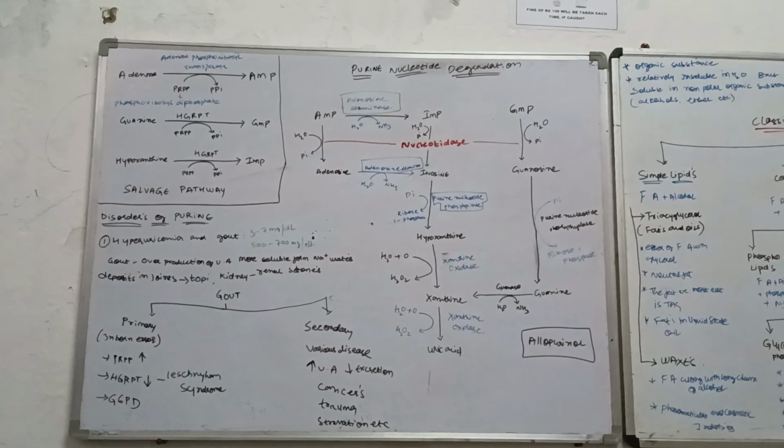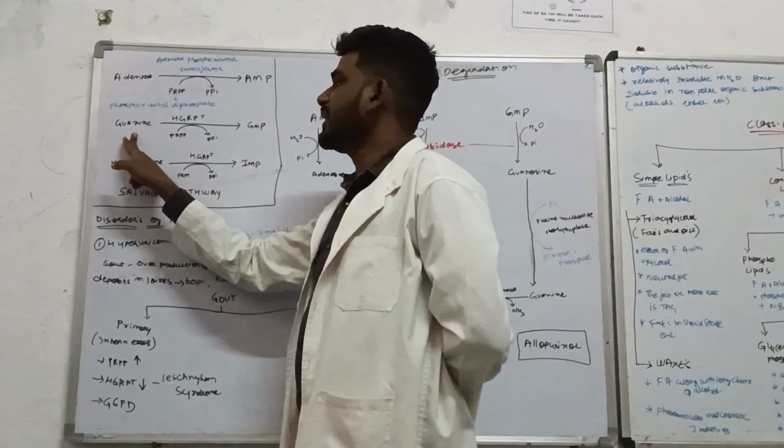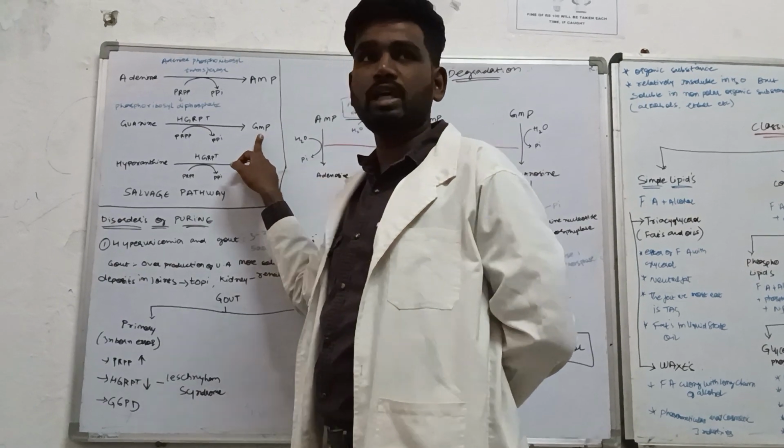Second thing, guanine monophosphate. Guanine is a nitrogenous base that we need to convert into guanosine monophosphate.